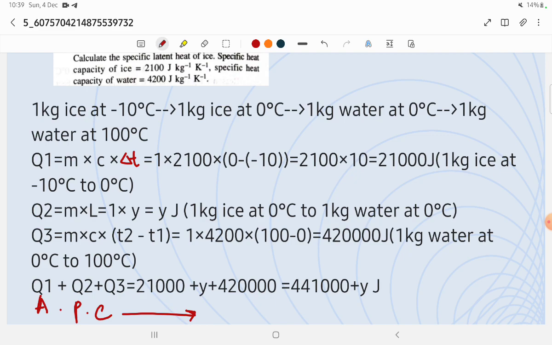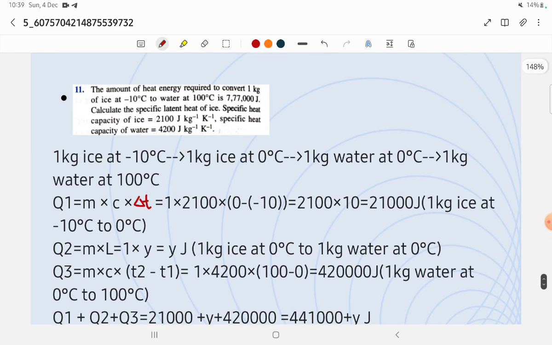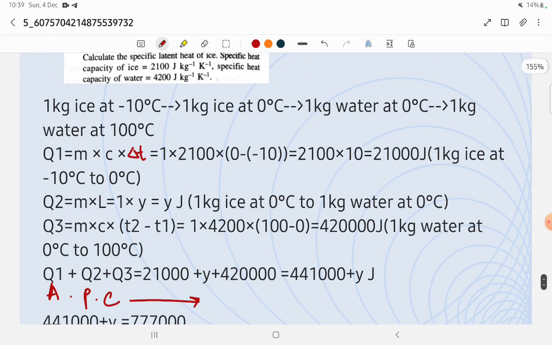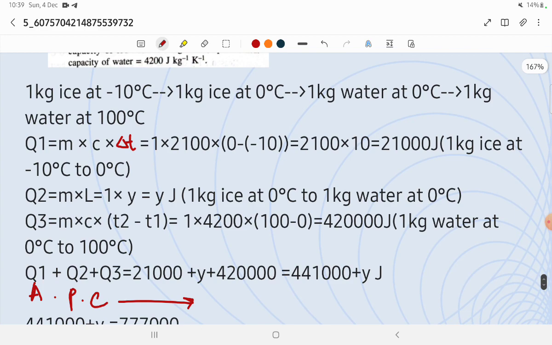In this question the specific latent heat of ice is not given in the question paper, so let us take it as y or x, whatever you want. I have taken it as y. So 1 into y is y joule. This is the amount of heat energy required when 1 kg of ice at 0 degree centigrade is converted to 1 kg of water at 0 degree centigrade.